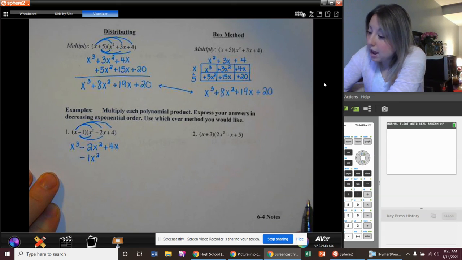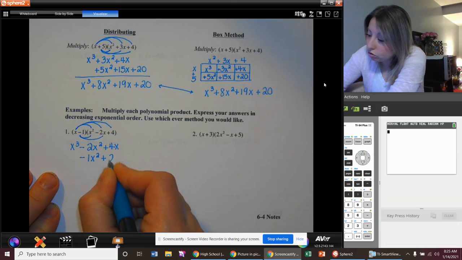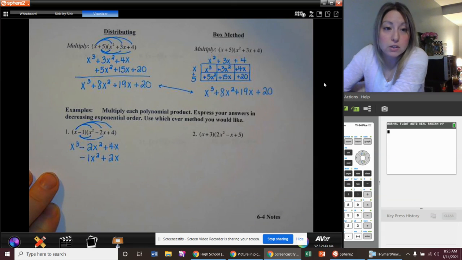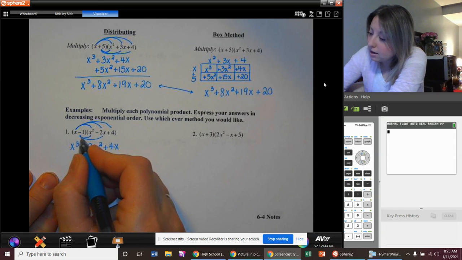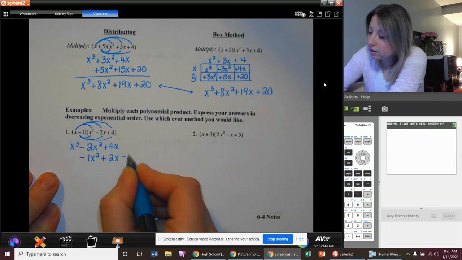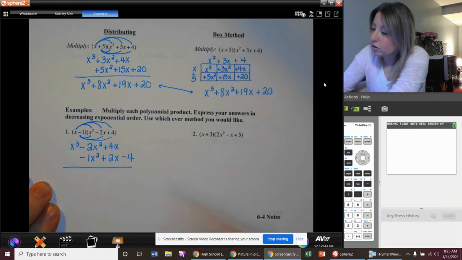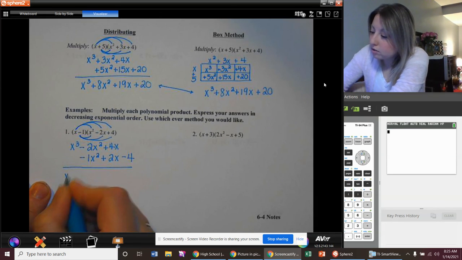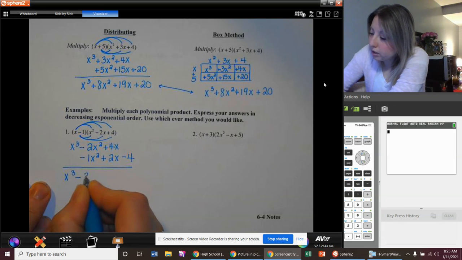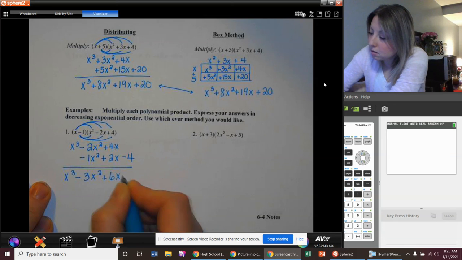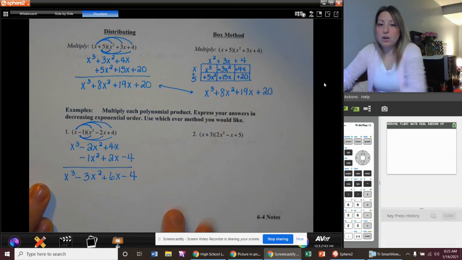Negative 1 times negative 2x, okay, that's a positive 2x. Negative times negative is positive. And negative 1 times positive 4 is a negative 4 at the end. So now let's vertically add our like terms. X cubed minus 3x squared plus 6x minus 4. There it is.